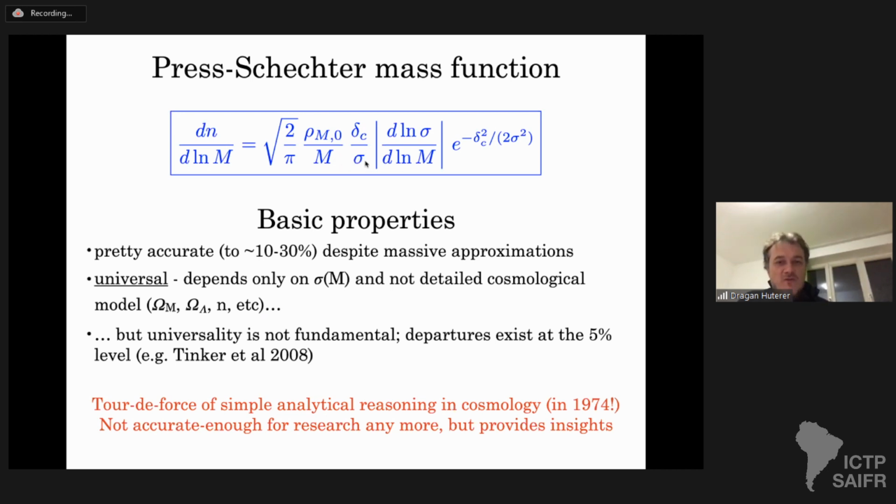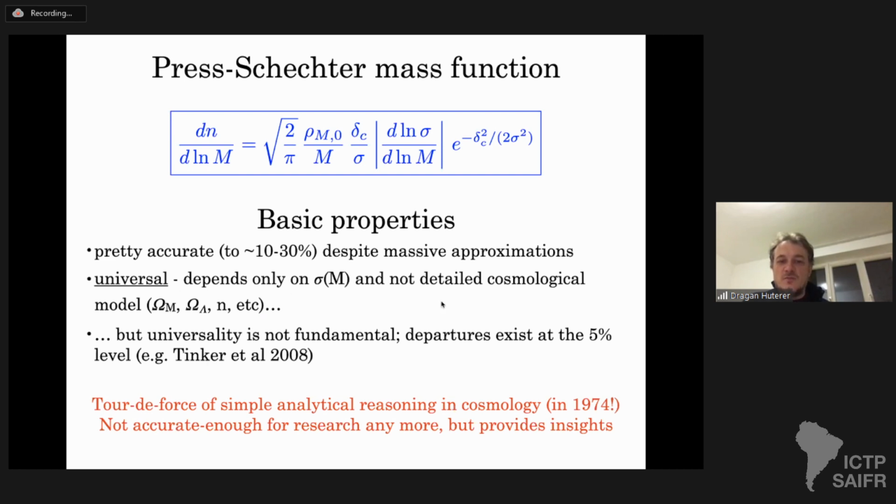So whatever your cosmological model is, as long as it's within reason, not one of the models that Pedro Ferreira mentioned in his lectures, some variant of smooth dark energy models with GR, if you tell me sigma, I can tell you the mass function if I assume it's Press-Schechter. So this is called universal.